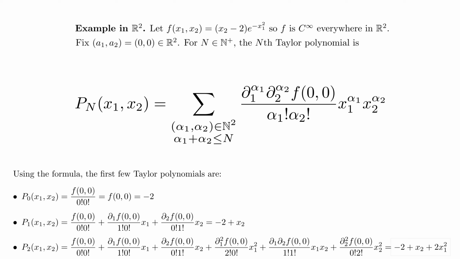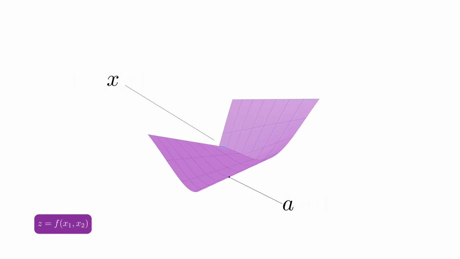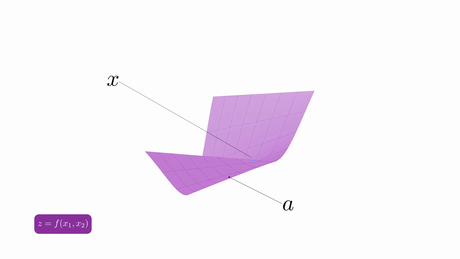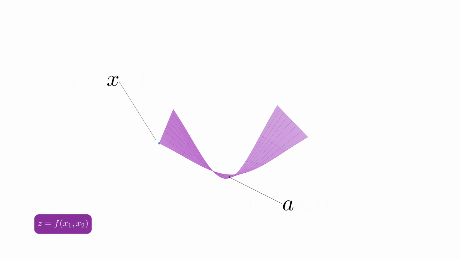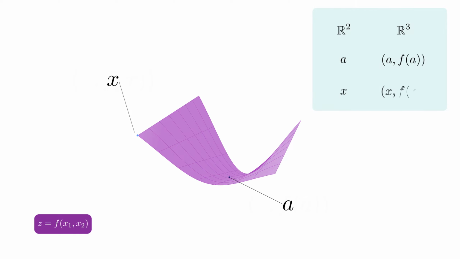Remember, our goal is to interpret multivariable Taylor's theorem through a visual animation. We will continue with this two-variable example in mind. The graph of our two-variable function is plotted here in three-dimensional space. We want to approximate the function f at a point x near a. Note x and a are two-dimensional quantities.